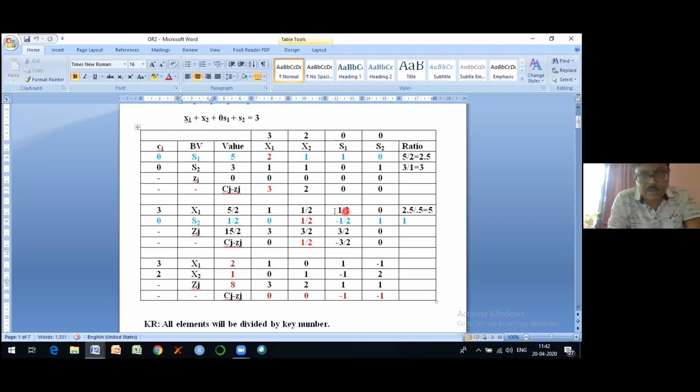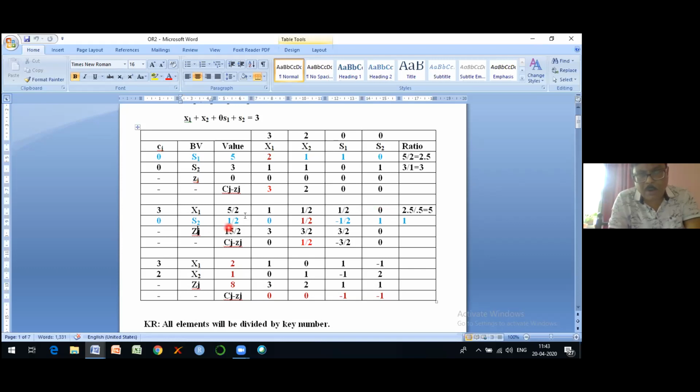Right. So what I am saying, in case of the key row, this is your key row, because here we are considering new variable x1. So the rule is all the old values of s1 will be written as 5 by 2, 1, 1 by 2, 1 by 2, 0.